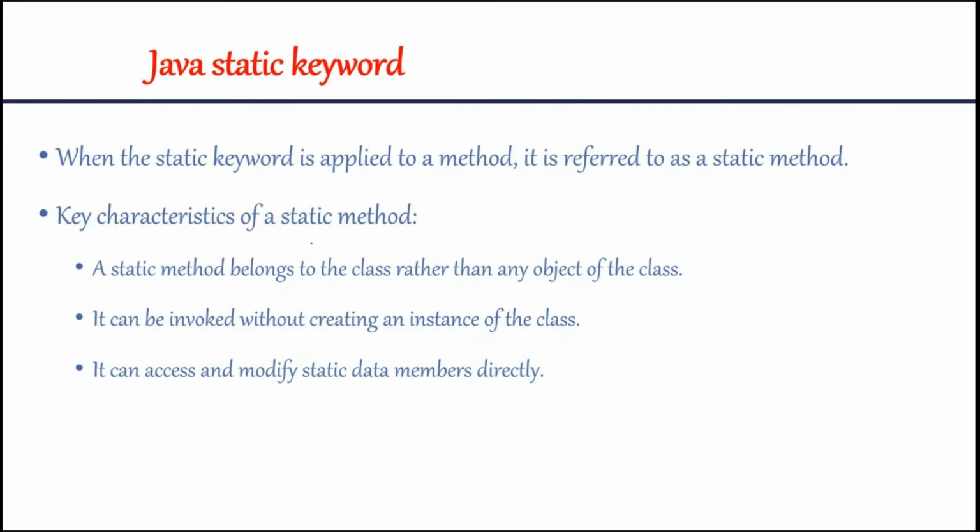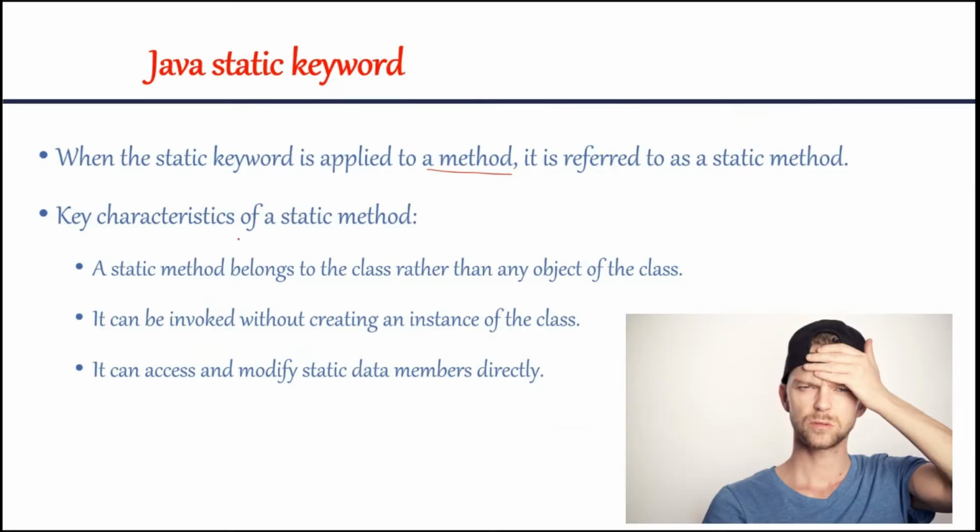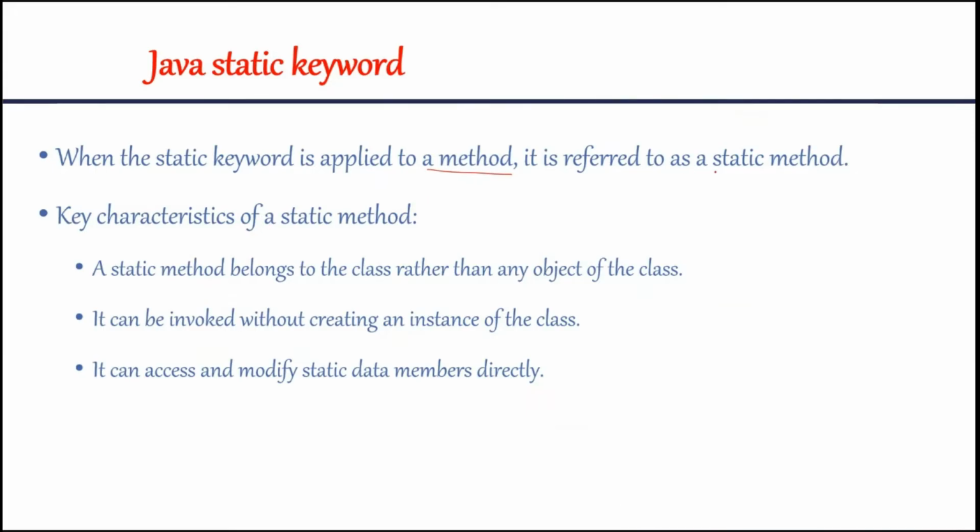And now we come to the characteristics of the static keyword. The static keyword is applied to a method also. Now we are learning the static method and its characteristics. When the static keyword is applied to a method, it is referred to as a static method.